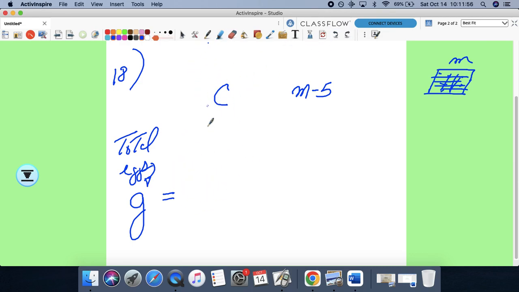So if this crate has 30 eggs, 1 crate would be 30 eggs, 2 crates would be 60 eggs, 3 crates would be 90 eggs, and so forth. So total number of eggs is equal to the number of crates times the number of eggs in the crates, plus we had 1 crate.